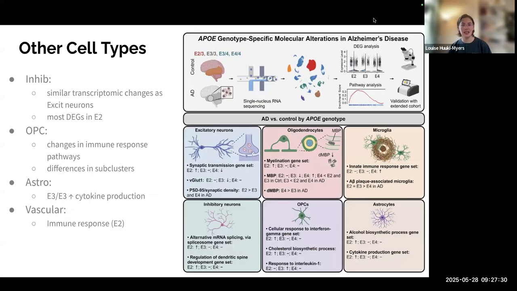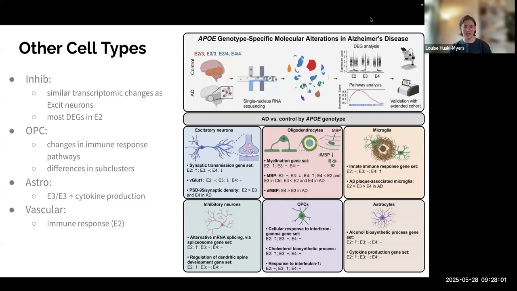So I guess excitatory neurons, oligos and microglia were the major populations that they really delved into. But they also note later in the paper, and they have a lot of supplementary figures as well, changes in other cell types. So inhibitory neurons have similar transcriptomic changes as excitatory neurons, and they find the most differentially expressed genes in E2.